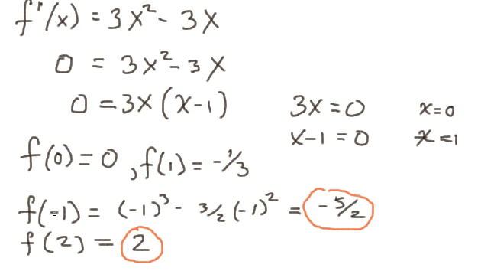I'm sorry, an absolute minimum at -1, -5/2, and then an absolute maximum at 2, 2. Right, -1, -5/2, and then at 2, 2 will be your max. Min, max. Okay, you got it.